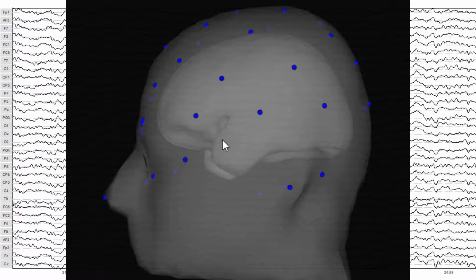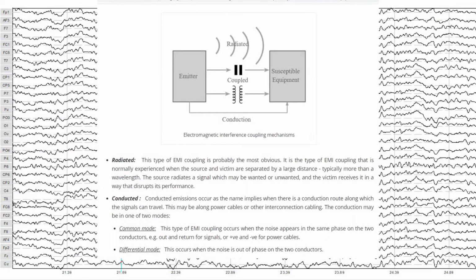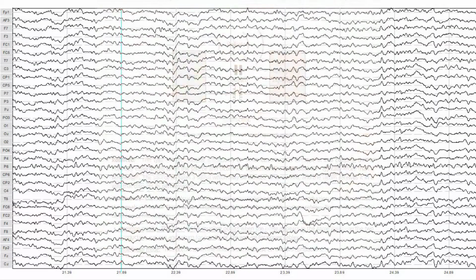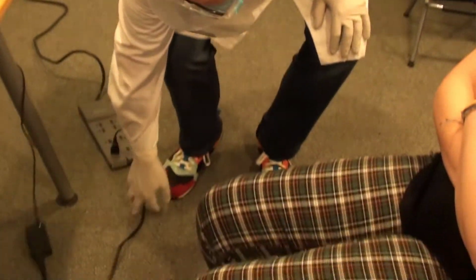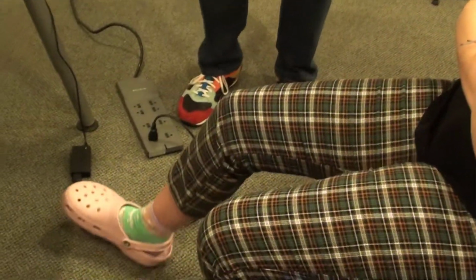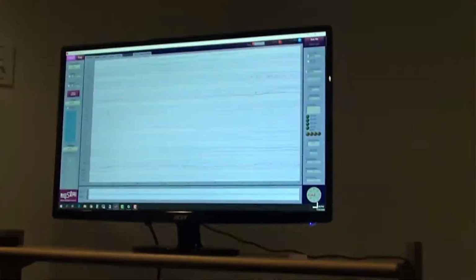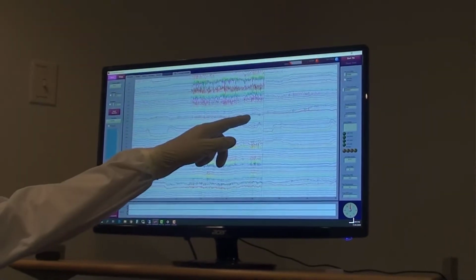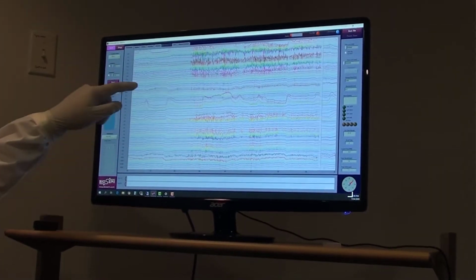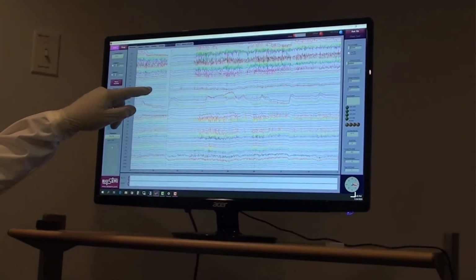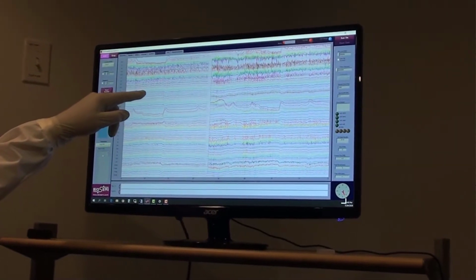There are two main types: radiated and conducted, by which I mean capacitively or inductively coupled into the body or equipment. You can also categorize these types of interference in terms of whether the interference is in phase and of similar magnitude across channels, meaning common mode, or out of phase and or of different magnitude across channels, meaning differential mode.